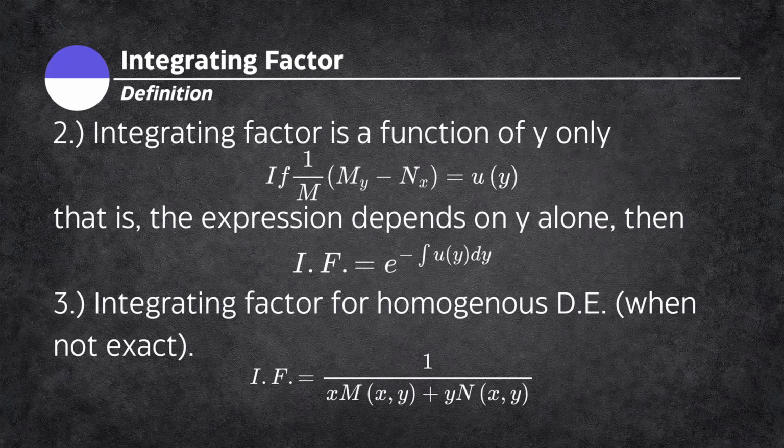In case our differential equation is homogeneous, the integrating factor will be 1 over x times the M function plus y times the N function. Use this to make your homogeneous DE exact.